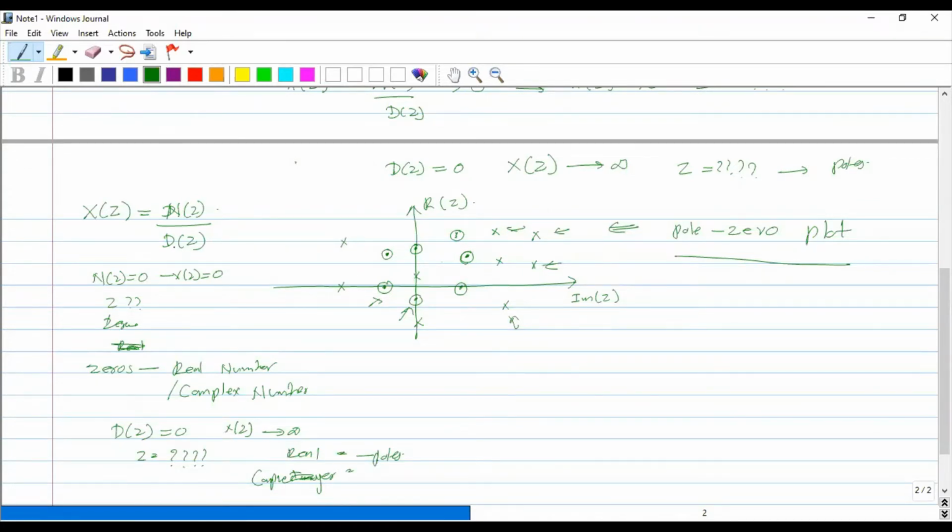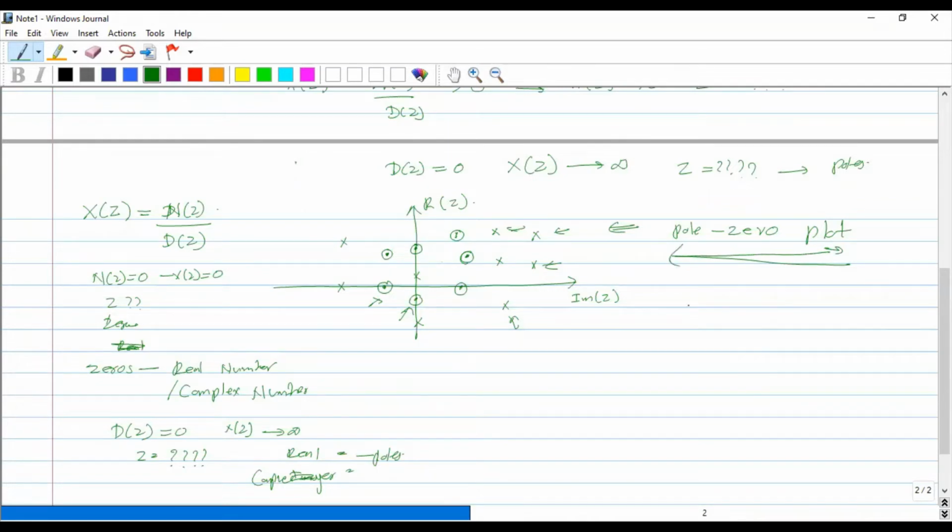If we equate the denominator to 0, the values of z we get are called poles, and we can mark the poles also in the same z plane. So that is a pole-zero plot.